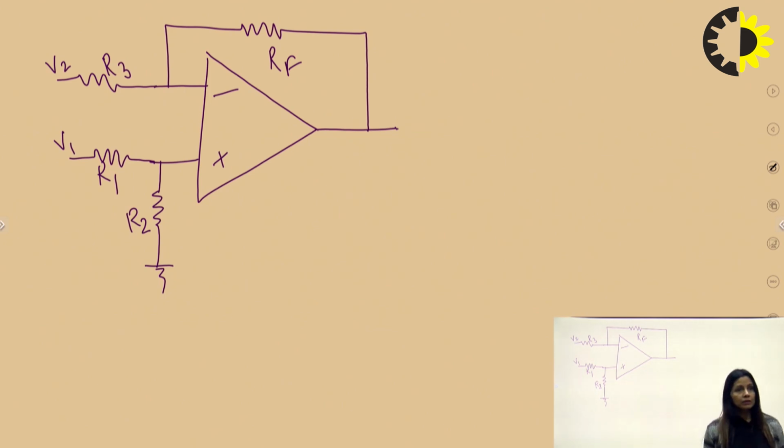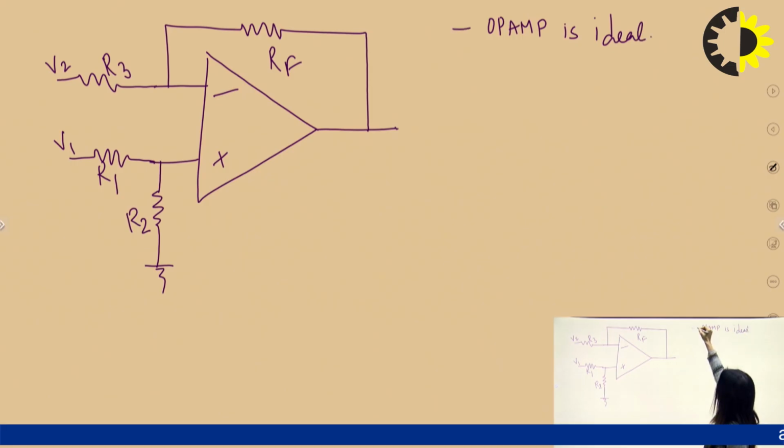So I have made a particular op-amp circuit, and this op-amp is working in the ideal mode. So the first point I am going to write is: the op-amp is ideal. First I will assume that the op-amp is ideal.